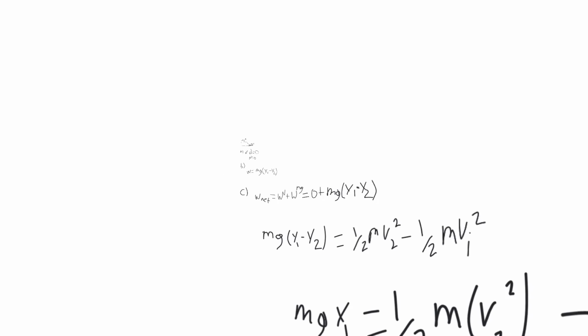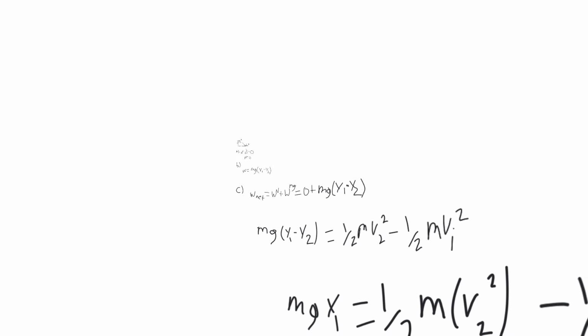To find that, we need to work with the kinetic energy as well. The net work is equal to the work done by the normal force plus the work done by the weight force, and we know the normal force does zero work, while the weight force does mg (y1 minus y2).